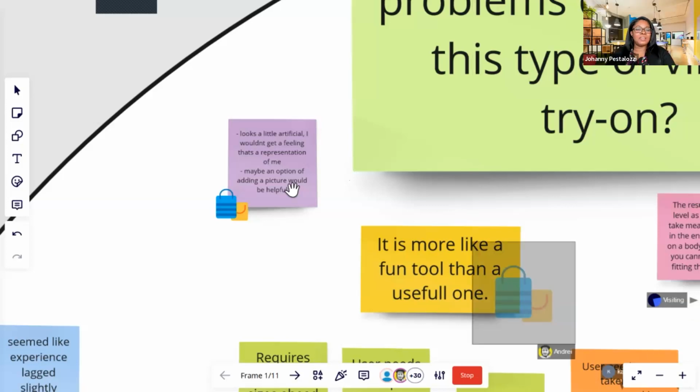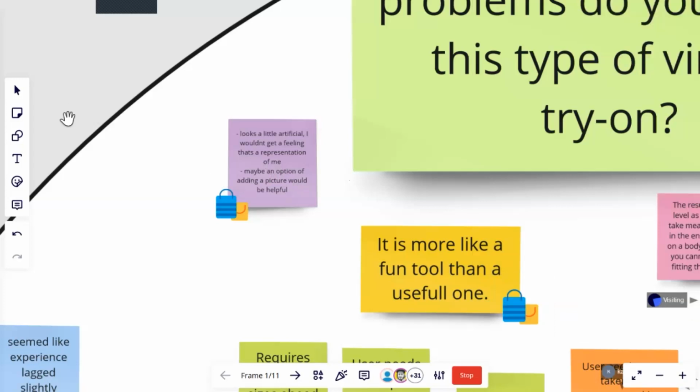Okay, so why did you feel that? Would you like to explain a bit what was limiting you to feel that this was somehow that you would wear? I think first of all, the rendering was a little poor.